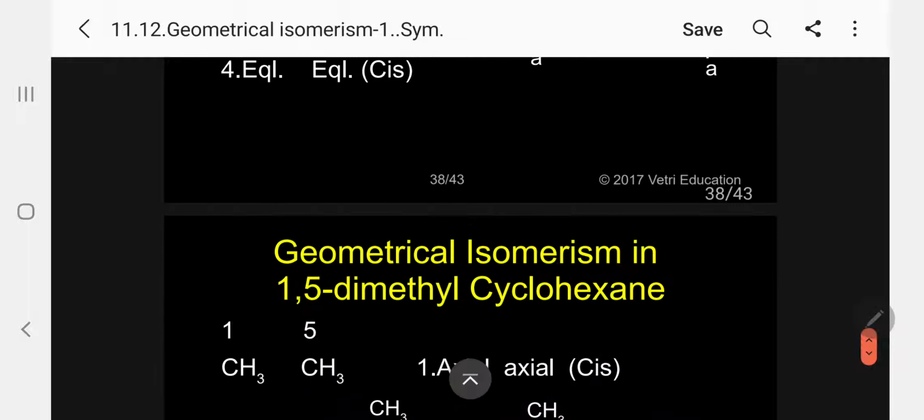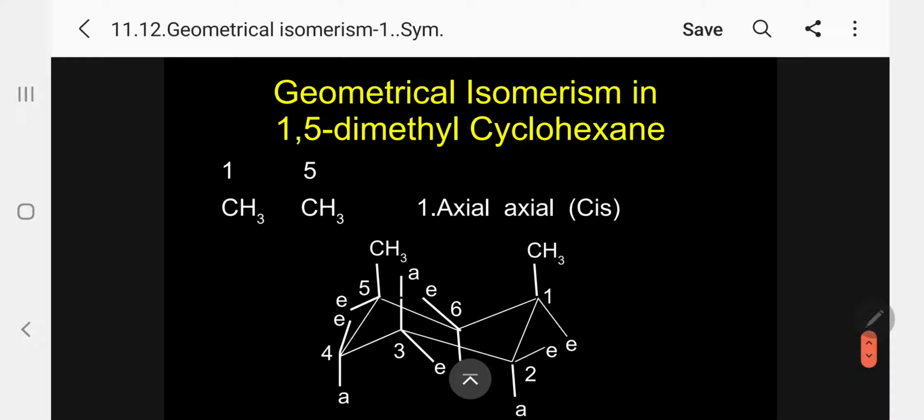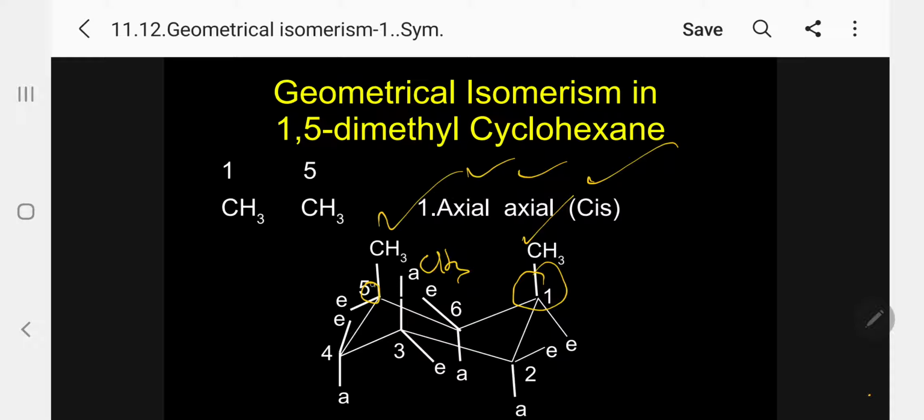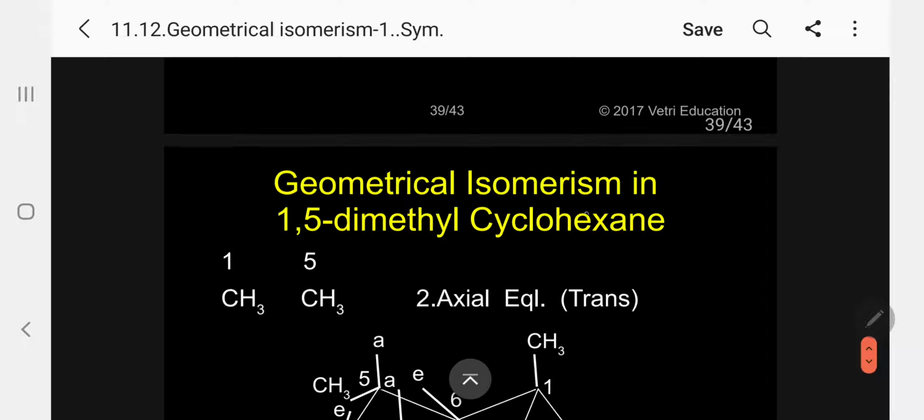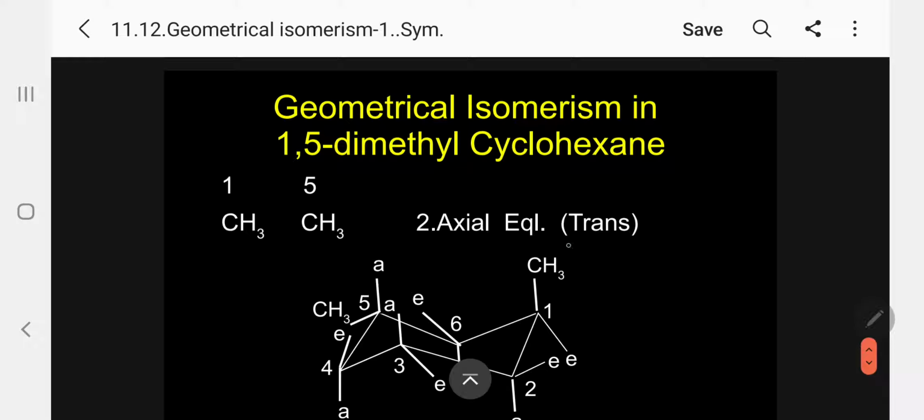So let me take a specific example, symmetrical methyl group, just see. This is 1, this is 5, see methyl group, axial, cis isomerism, 1, 5, just like 1, 3. So 1, 3 means here is CH3, so 1, 5 means here that is same, cis isomerism, identical. In the second case, 1 is axial methyl group and 5 is equatorial. One is above, another is below. It is trans isomer.